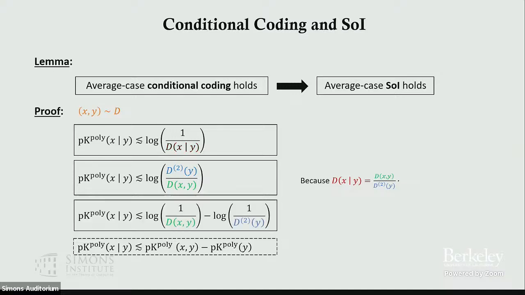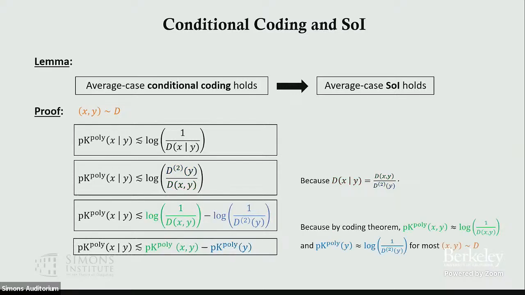Let's rearrange things a little bit further. Now the bottom two lines look kind of similar. Remember what I said earlier: once we have coding for rKquasipoly, we can say that for any polynomial time sampleable distribution, the rKquasipoly complexity of a string is roughly equal to the log of 1 over the probability of the string, with high probability.